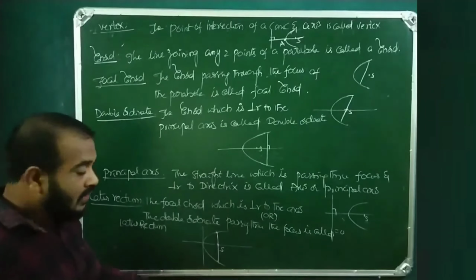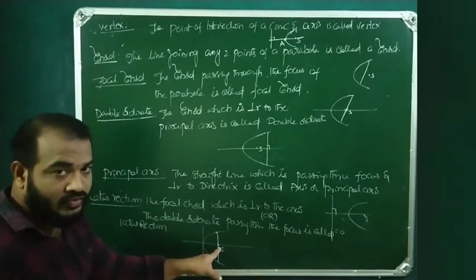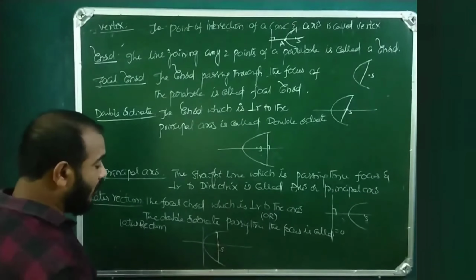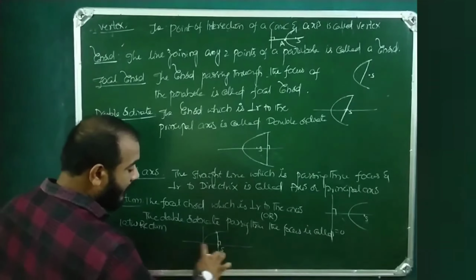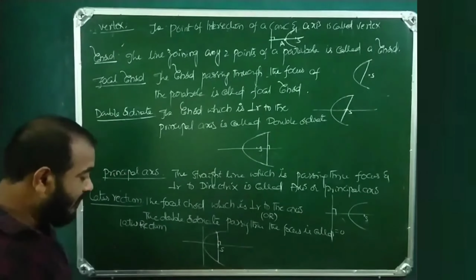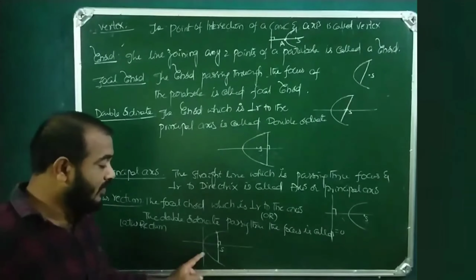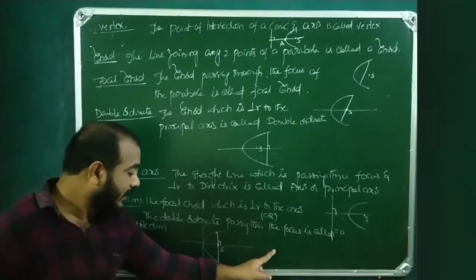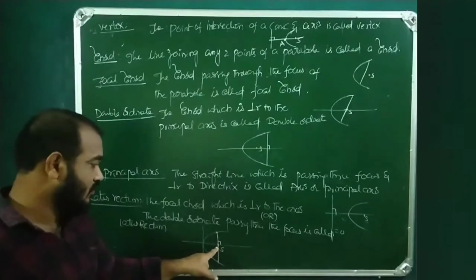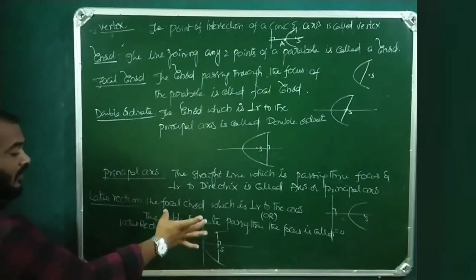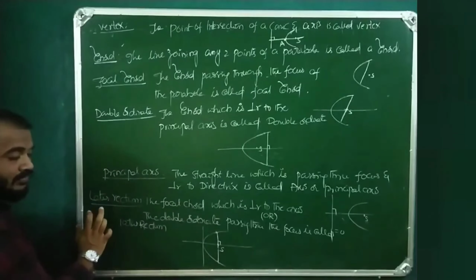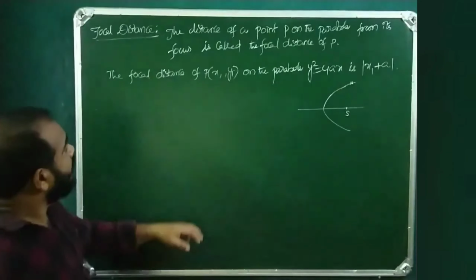This chord is passing through the focus, therefore it is a focal chord, and this focal chord is perpendicular to the principal axis. Otherwise, this is a double ordinate because this chord is perpendicular to the principal axis and passing through the focus. So, from the focal chord as well as the double ordinate perspective, we can define the latus rectum.